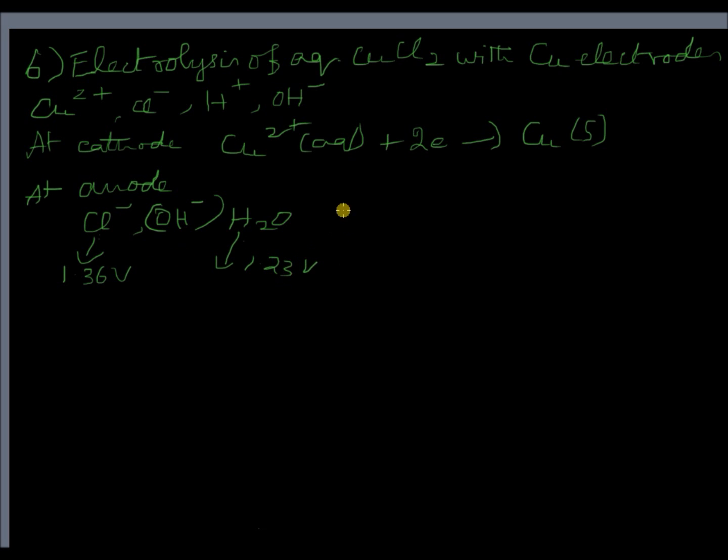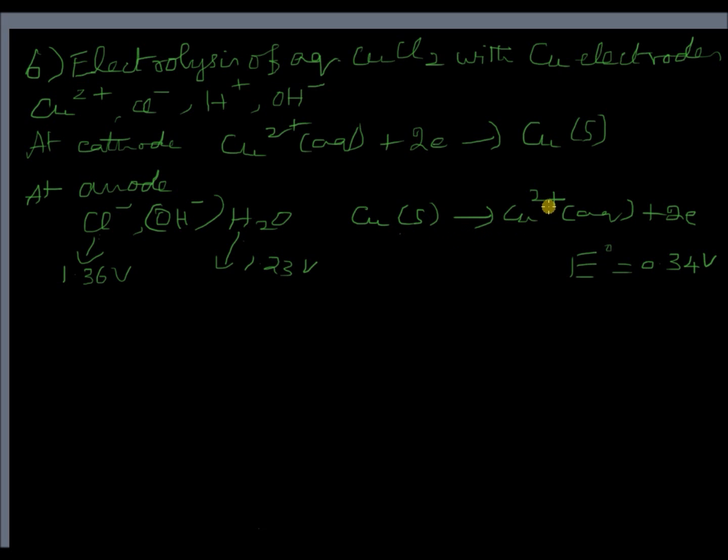Now there is also the oxidation of copper atoms from the electrode to form copper ions. That has an E naught value of 0.34 volt. Now you see at the anode the criterion is the one having the lowest electrode potential value, and so naturally it is copper.